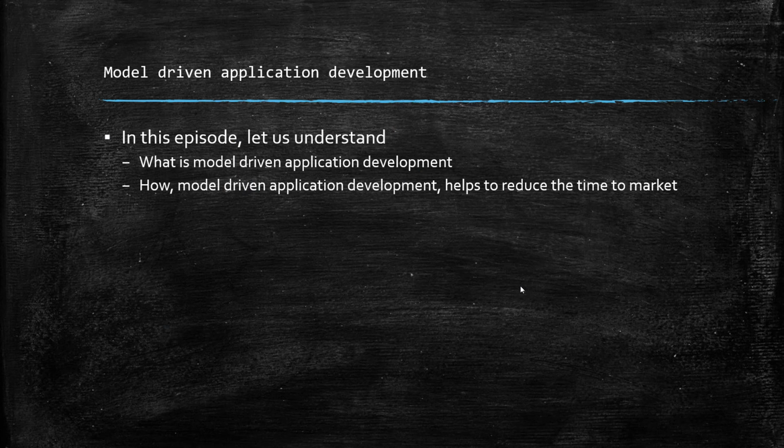So as part of this episode, we looked at what is model driven application development, how the client app, the news app that we have developed, is built based on the data model that we have defined inside the Fabric, and how the model driven application development helps to reduce the time to market.